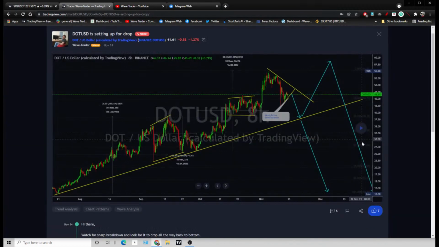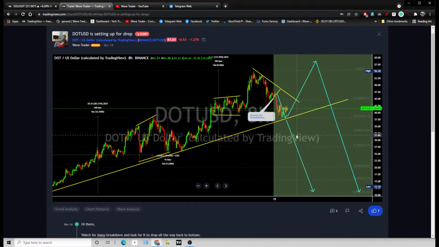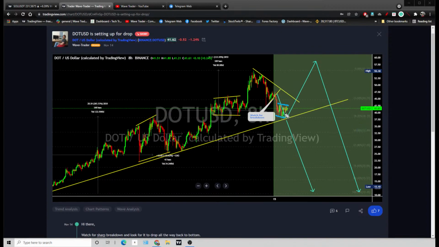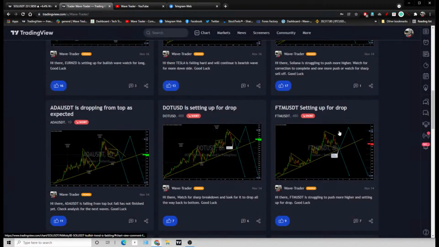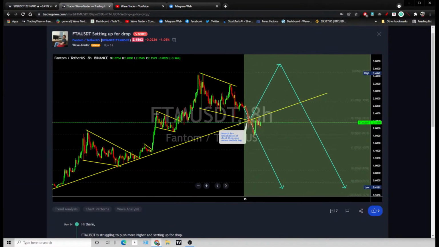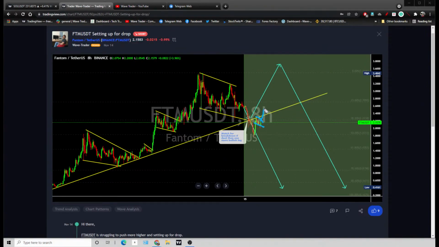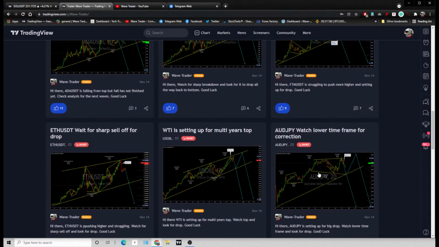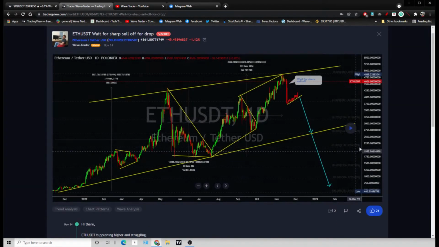All right, DOT same as Solana, but I'm looking for this to continue to keep dragging lower all the way, just removing those gains. They're going to remove those gains. So same, we may see another push up like Solana has done, back to that top or this top. All right, so just trade with care, guys. If you're trading on them, take precautions, trade with all care.